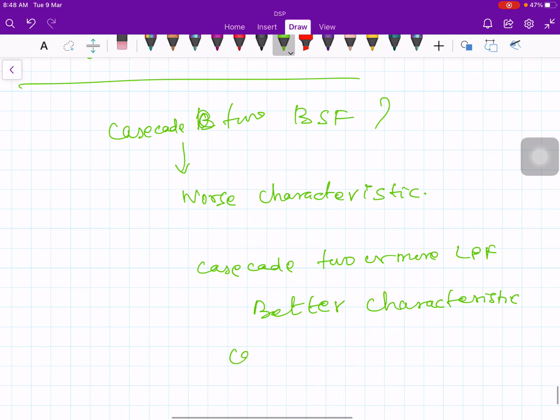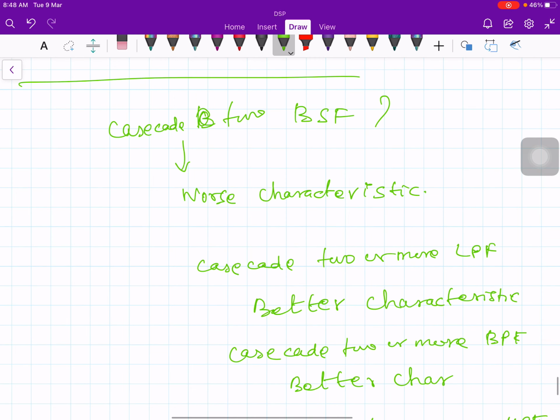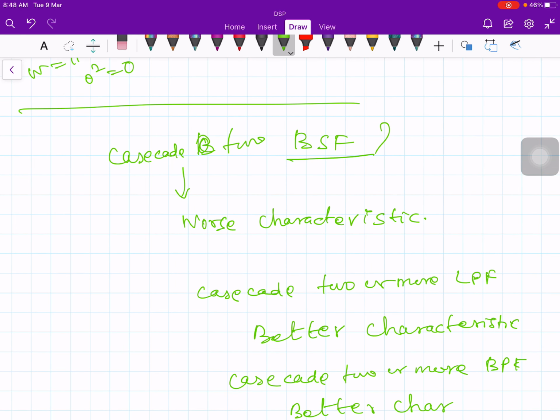Similarly, cascade two or more band pass filters, better characteristic. Similarly, cascade two or more high pass filters, again you will get a better characteristic. But if you cascade two or more band stop filters, then you will get a worse characteristic. That one should remember.